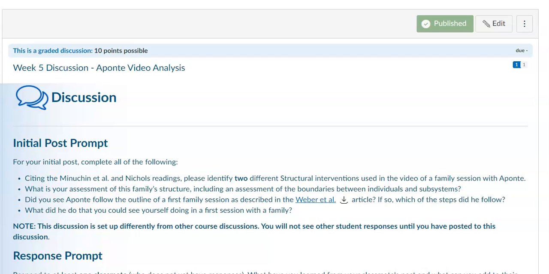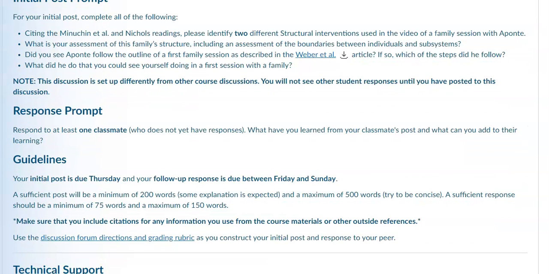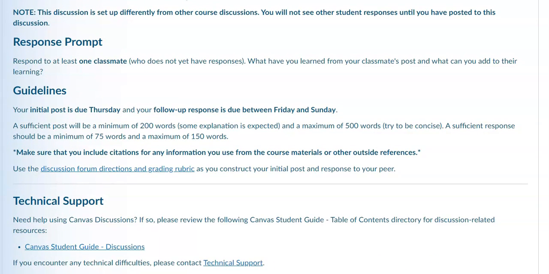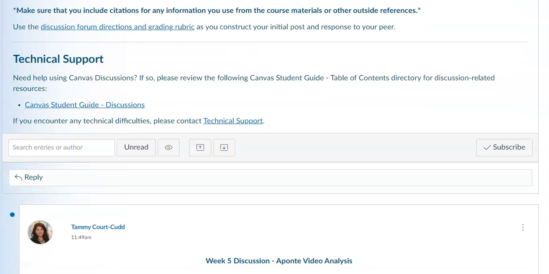Did you see Aponte follow the outline of a first family session as described in the Weber et al. article? And if so, which of the steps did he follow, and what did he do that you could see yourself doing in a first session with a family? And you are to respond to at least one of your classmates.